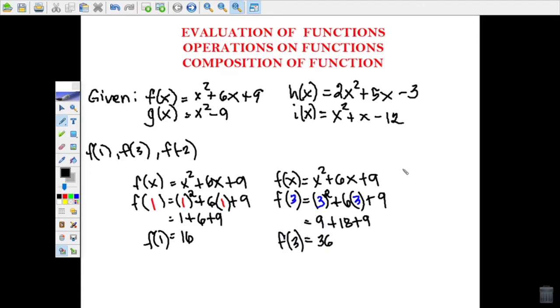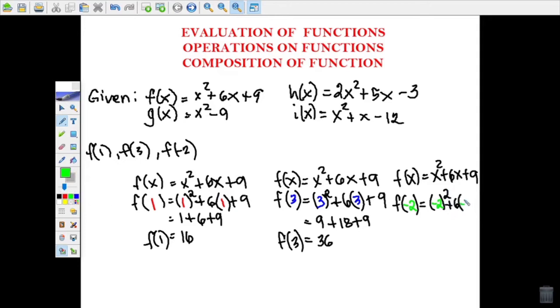And last one, f of x, again, the given is f of x is equal to x squared plus 6x plus 9. And we are asked to find f of negative 2. Okay? So again, papalitan lang natin yung x, okay, ng negative 2. So here, it should be negative 2 squared, okay, plus 6 times negative 2.